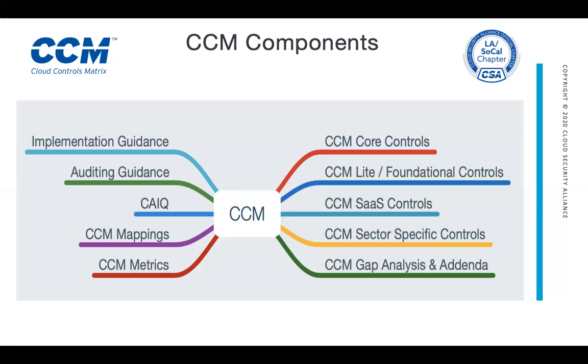Then the next one is the CCM V4 SaaS activity. The idea is they're developing, with the help of the working group, a subset, identifying mainly a subset of CCM core controls that are specifically relevant to the SaaS providers, but possibly also including new controls on that end.